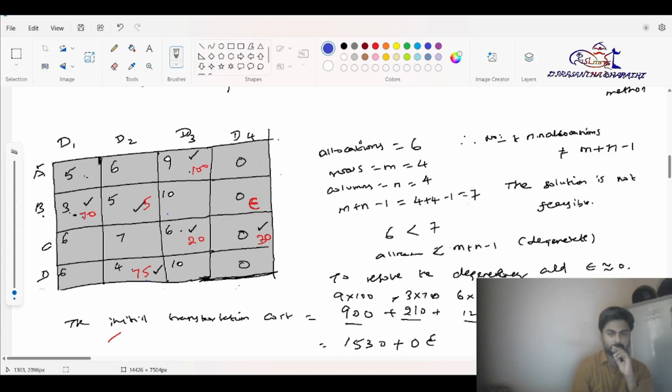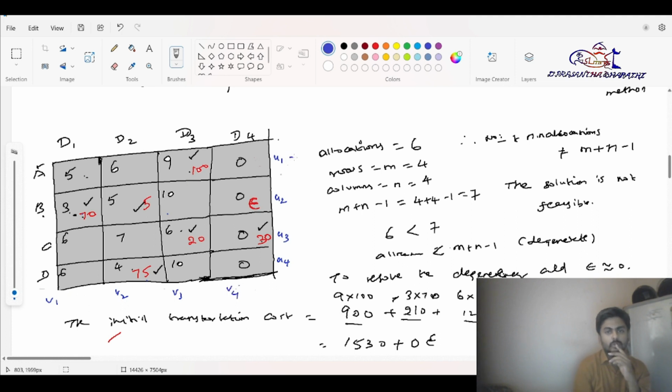So I am choosing where the number of allocations are 2, here u2 equal to 0. Okay, u1, u2, u3 and u4, and this is v1, v2, v3 and v4.